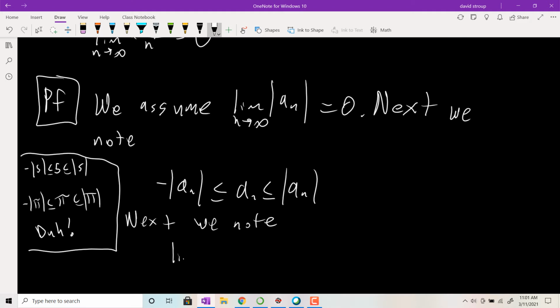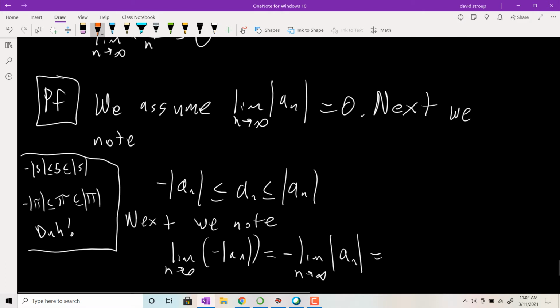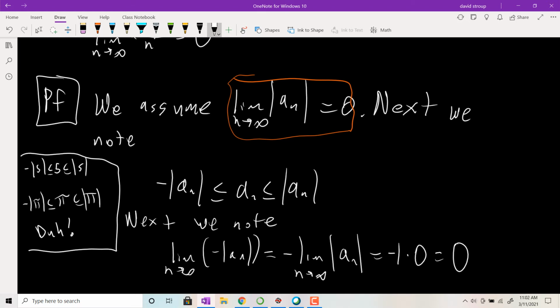So we note the limit of the negative absolute value of a sub n as n goes to infinity equals, and we can factor out the negative, so we get negative limit as n goes to infinity of the absolute value of a sub n. And from our supposition, we know that equals 0. It's negative 1 times 0, the negative from the front that we factored out. Negative 1 times 0 is 0.